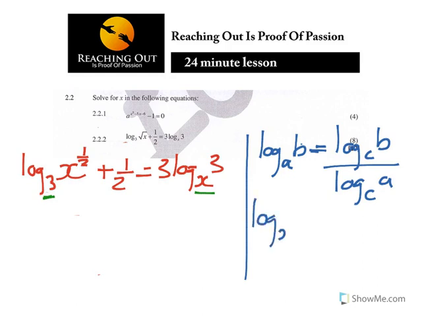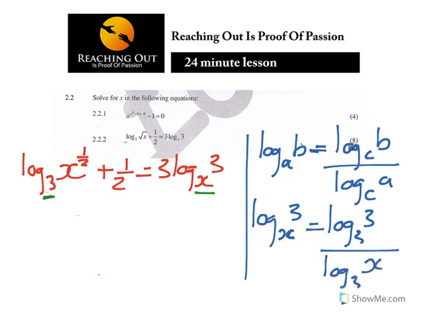So log base x of 3 will be equal to, I want to make it into base 3, so it will be log base 3 of 3 over log base 3 of x. So now I've got two of them, log base 3 of x and log base 3 of x.